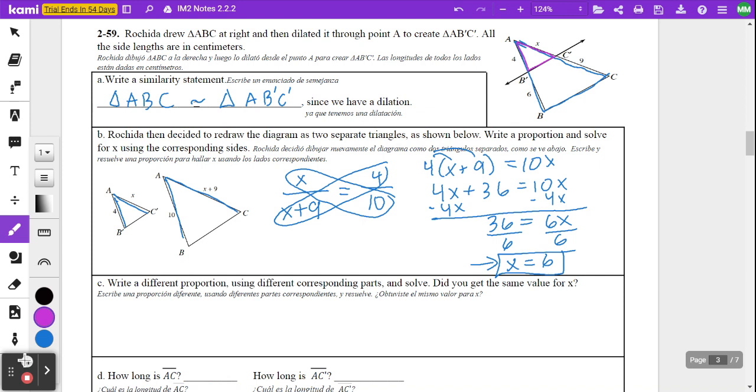Okay, so let's look at the original drawing up here. 4 corresponds to x. Does it? It does. We can go across. So I'm going to do 4 over x equals 6 over 9.